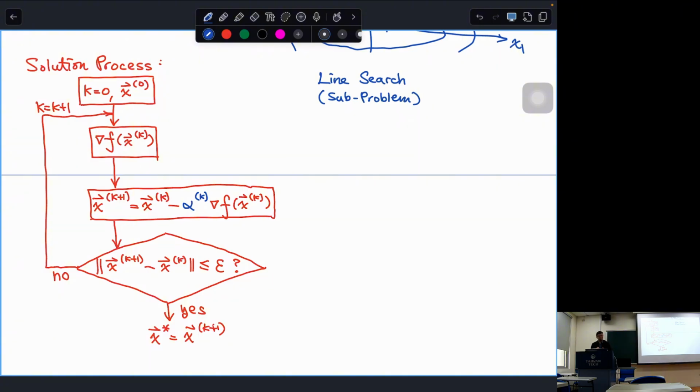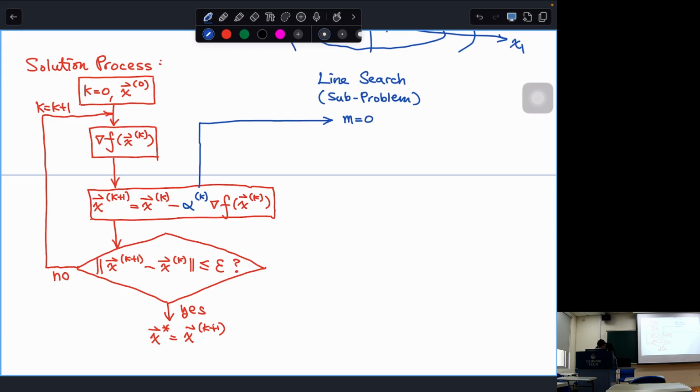So in this subproblem, you are going to move on to here. But right here, you will have different iterations. So I will use a different iteration symbol. So now I will use M.